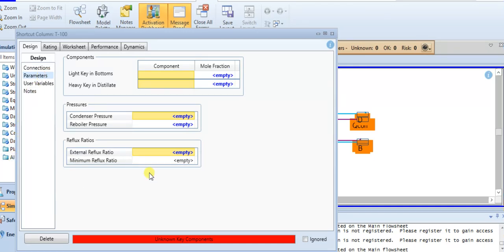External reflux ratio is given, right? 2.5.